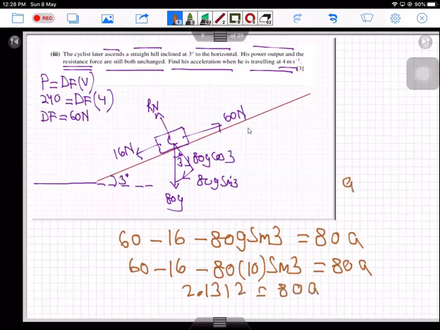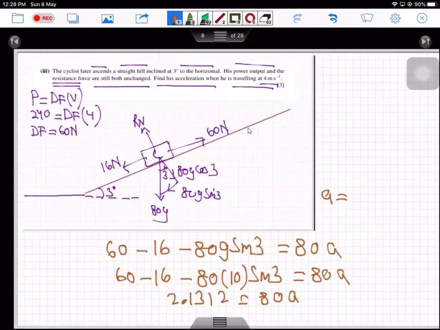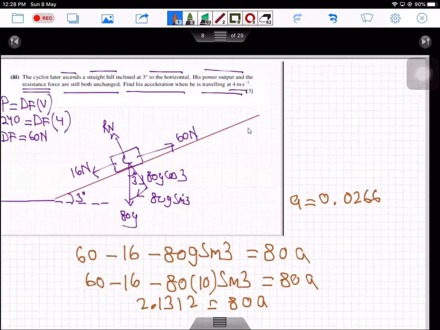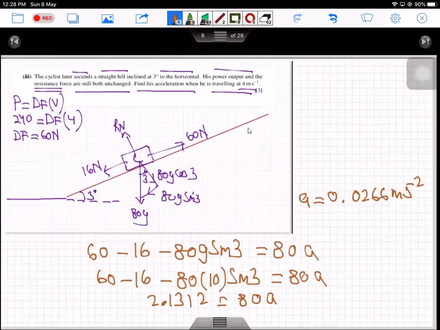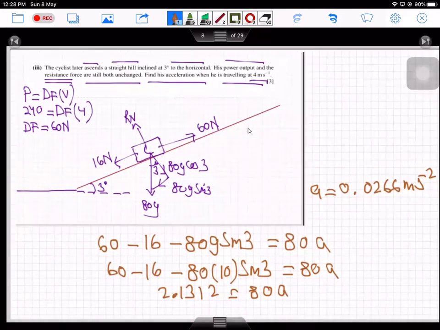Therefore, acceleration is equal to 2.1312 divided by 80. Acceleration is 0.0266 meter per second square, correct to 3 significant figures. Here you go. You have 3 marks for the last part.